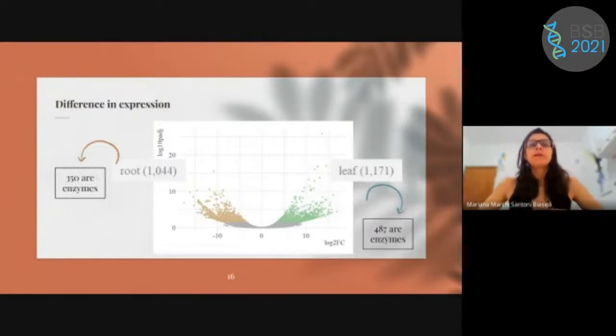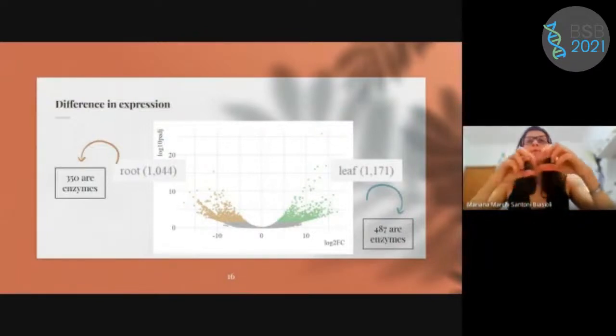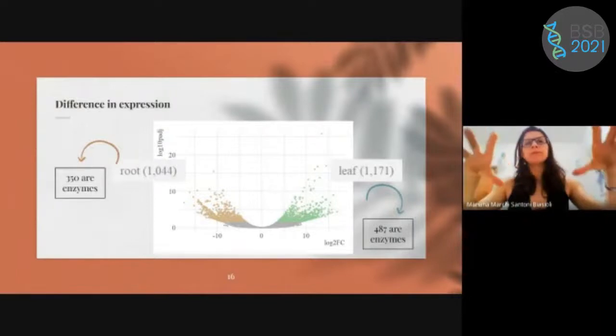So we have 350 enzymes that are mainly produced in root, and this number of enzymes mainly produced in leaf. So we have a good filter to find enzymes involved in secondary metabolic pathways.